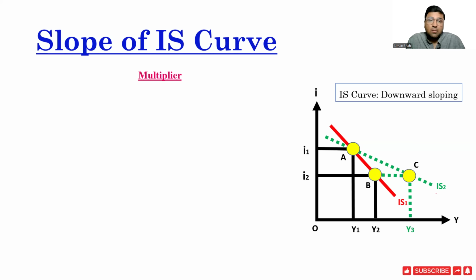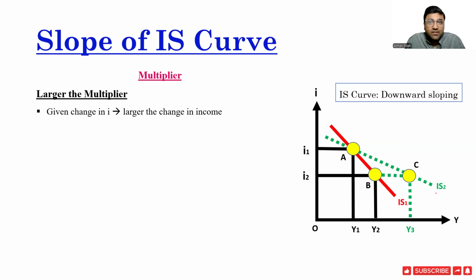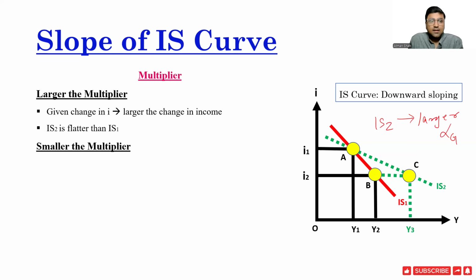Now second is the multiplier. So if the value of the multiplier is large, alpha G is large, and a given change in I leads to a larger change in income. That is shown by IS2. Now, IS2 is associated with larger alpha G. And if the value of alpha G is smaller, a given change in interest rate leads to a smaller change in income.